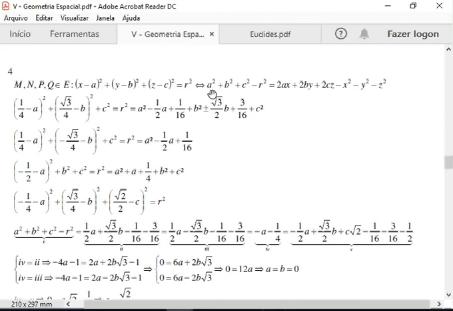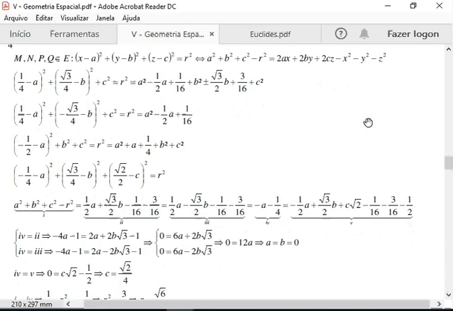We're going to put a, b, c, R on one side, and 2ax, 2by, 2cz, x², y², z² on the other side. And using the coordinates above, x = 1/4, y = √3/4, z = 0.